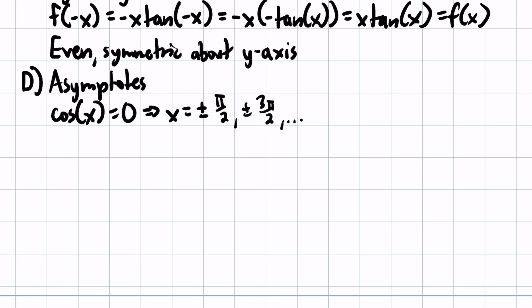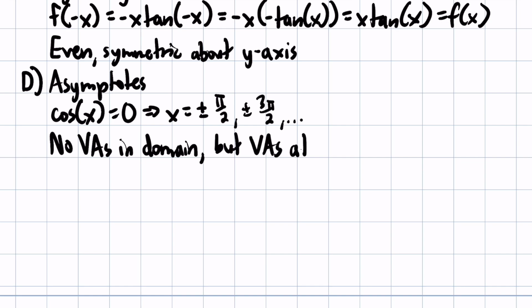So we don't have any vertical asymptotes in the domain. However, plus or minus pi over 2, those are the endpoints of the domain, right? So we are still going to have to respect those asymptotes. They're just not in the domain. So no vertical asymptotes in the domain, but vertical asymptotes at x equals plus or minus pi over 2.